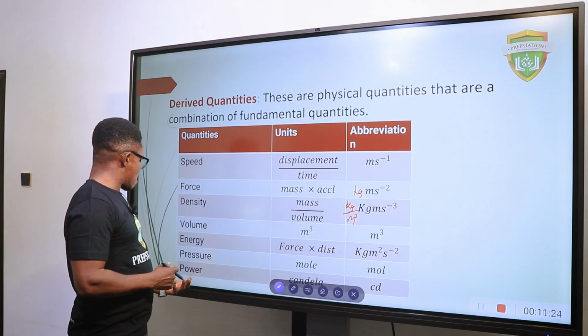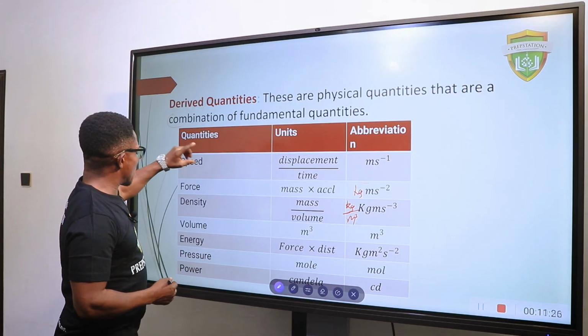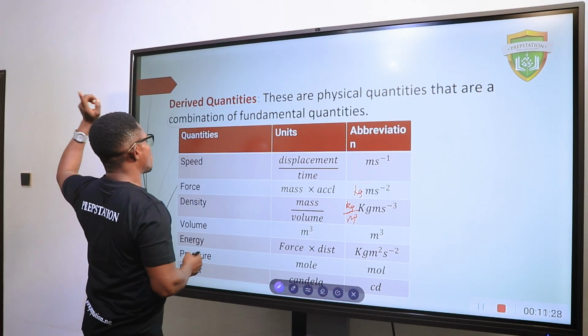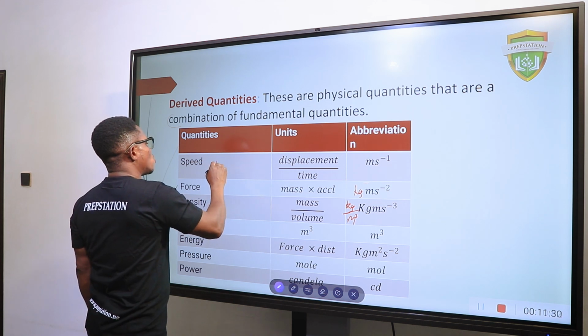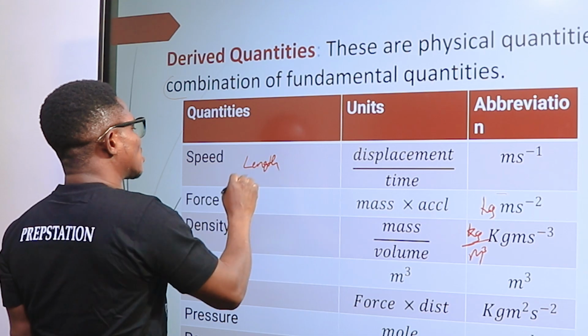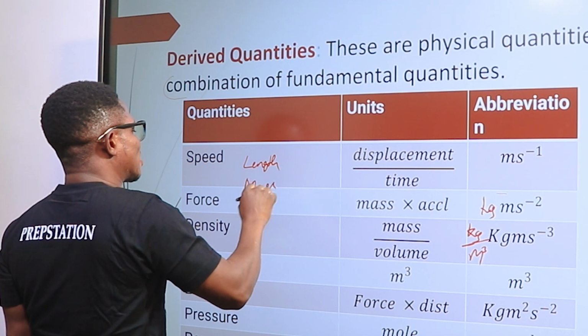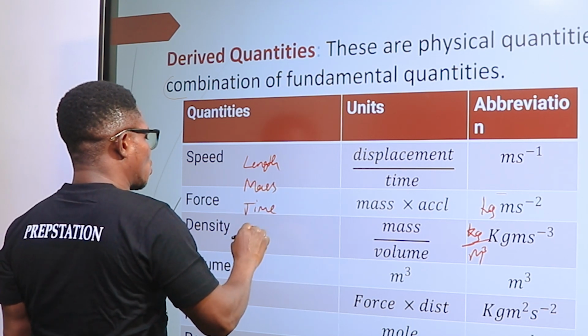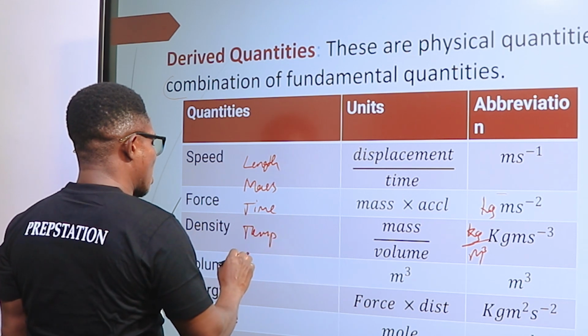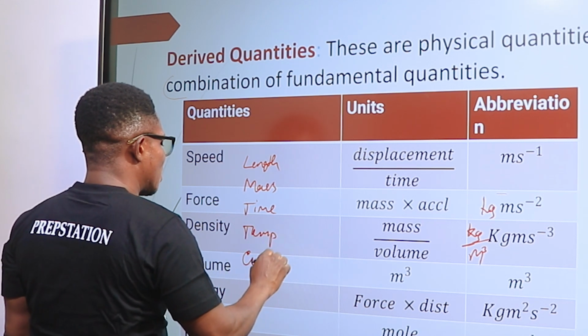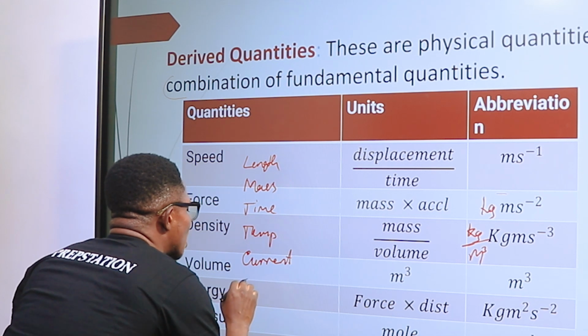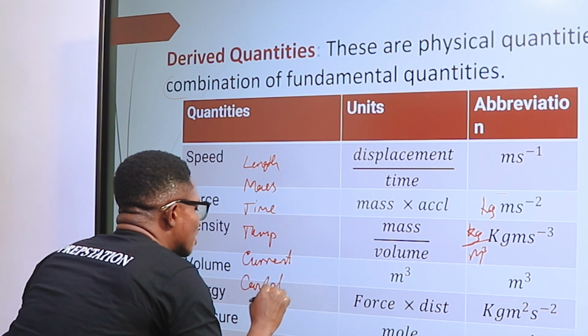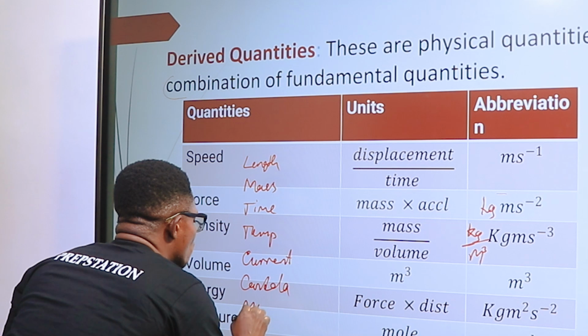So any quantity apart from the 7 I mentioned before. What are those 7? Let's go over it again. You have length, mass, time, temperature, current, candela, and then mole.